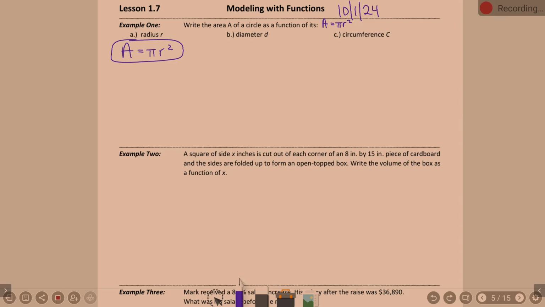For B, we're going to write the area formula as a function of its diameter, which means instead of my area formula being in terms of r, my area formula is now going to be in terms of d, or in other words, diameter. Okay? You're going to jump right in? A equals pi d?